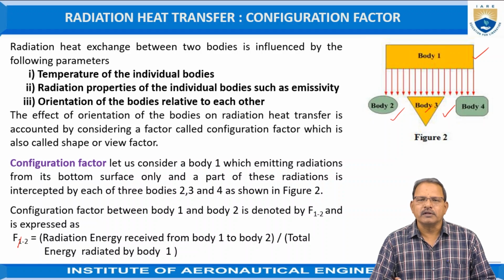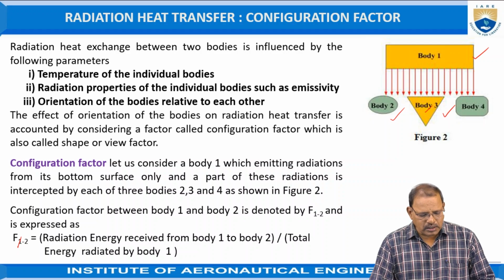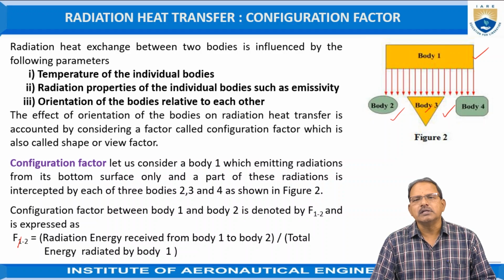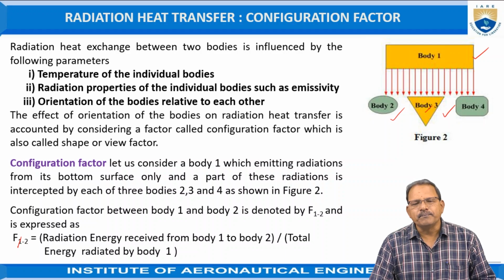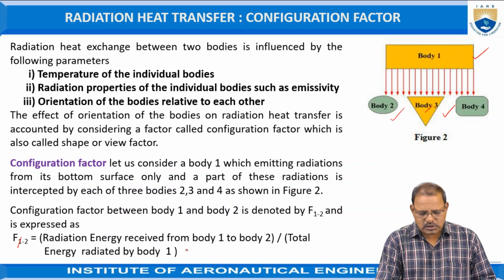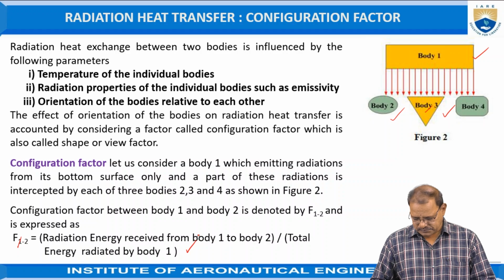That means the energy is flowing from the first object to the second object. It is equal to the radiation energy received by body 2 from body 1 to the total energy radiated by body 1. This is known as the shape factor.